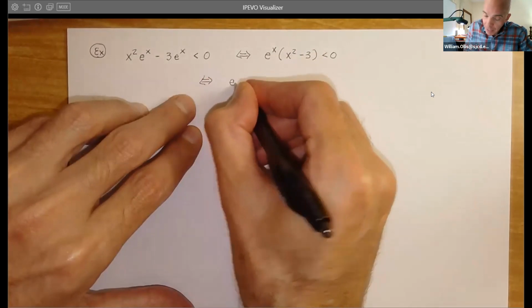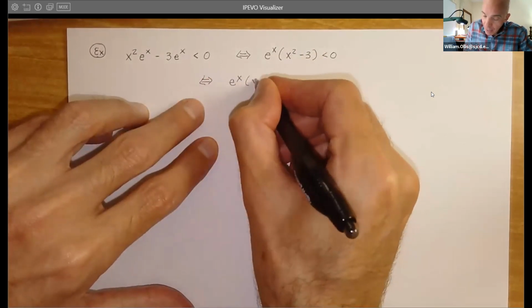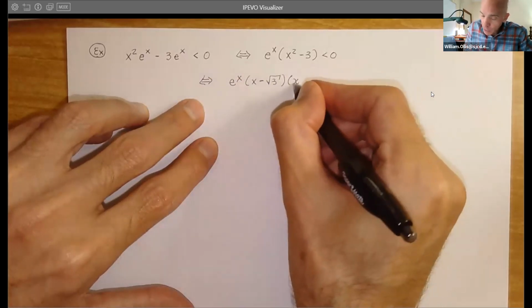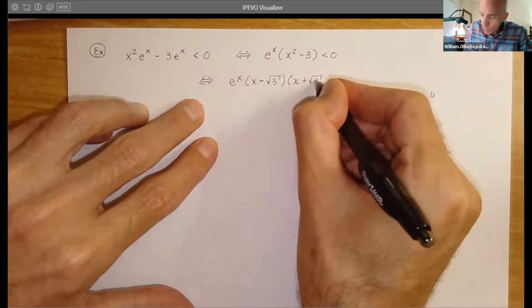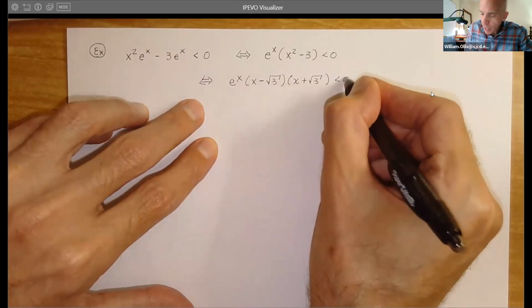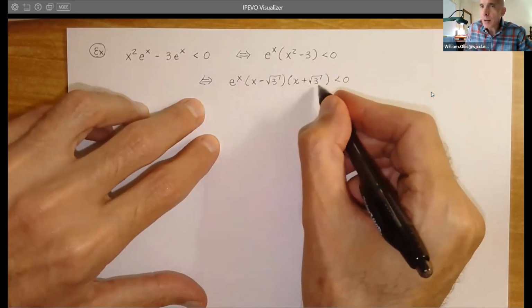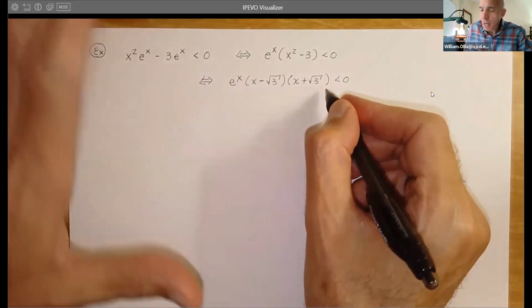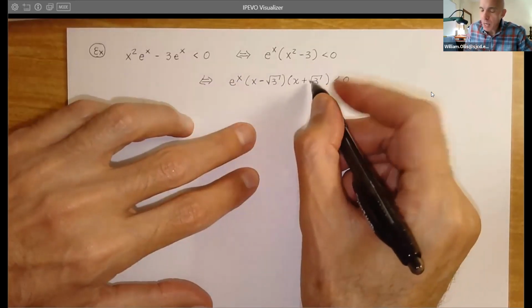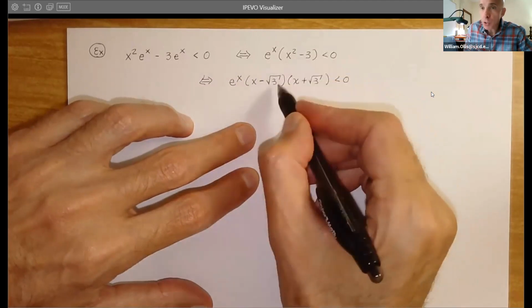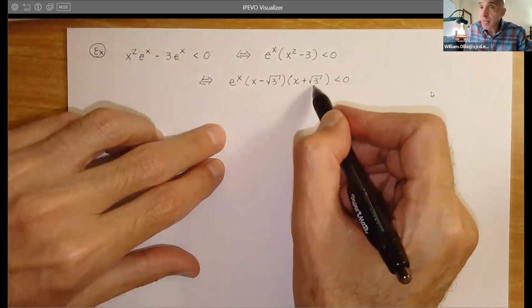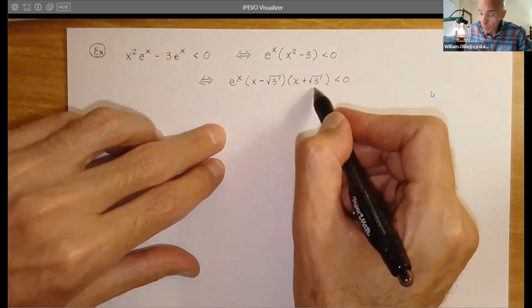So we have e to the x times x minus square root 3 times x plus square root 3. Now, of course, when we're doing this in a formal manner, we would say x minus the negative of square root 3. So we see what the 0 is, but we get away with the plus. We see now here that we have 2 zeros that are distinct, the square root of 3 and the additive inverse of the square root of 3.